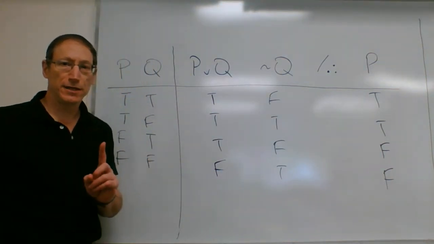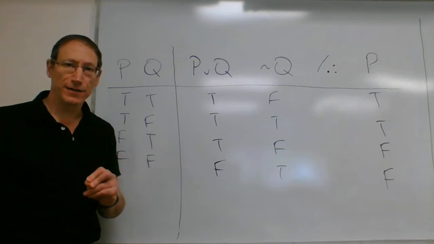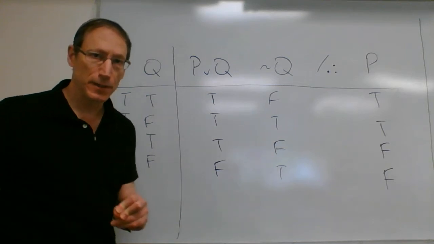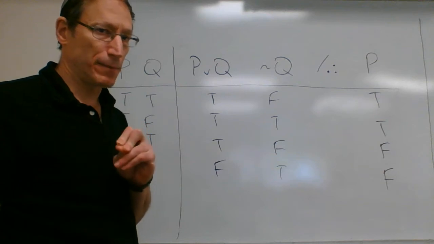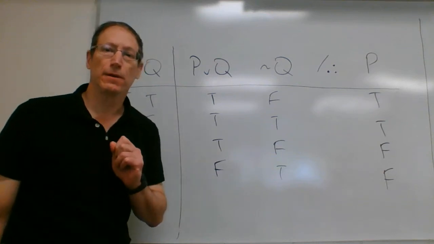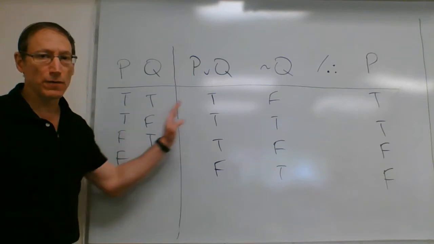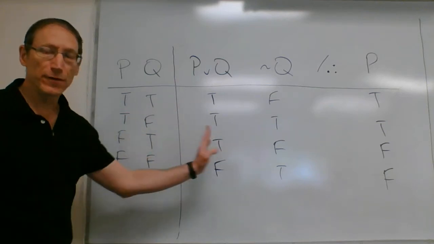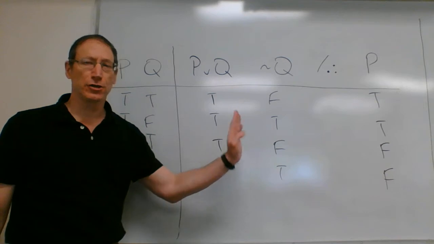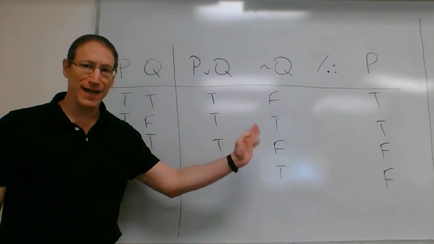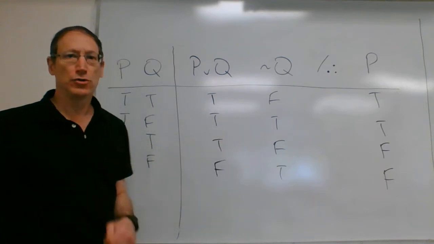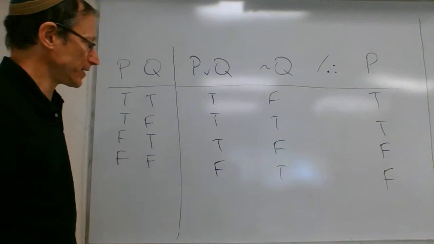Now what I have to do is see if I can find a counterexample. Now what is a counterexample? A counterexample in this context is a row on the truth table where all of the premises come out true and the conclusion comes out false on that same row. Do I find a counterexample here?